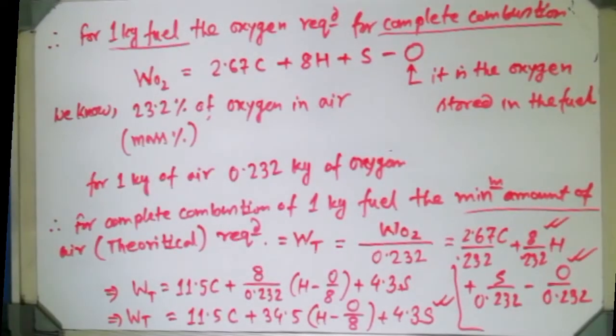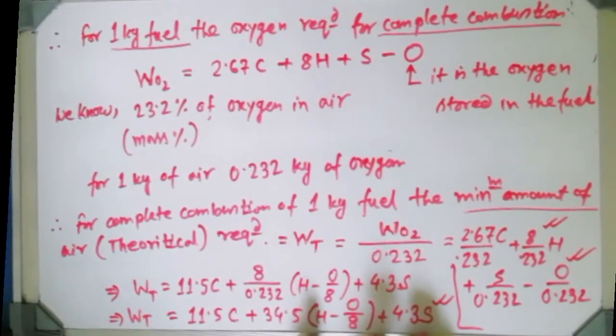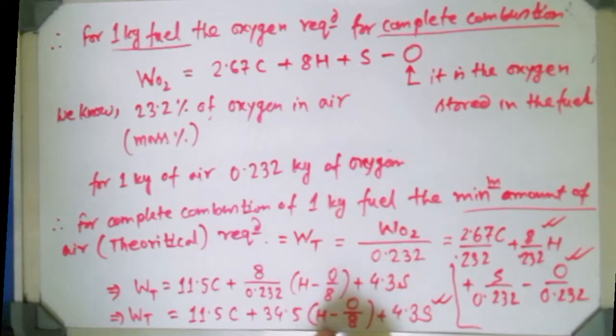The reason is that the hydrogen is available in the fuel, and the oxygen is also available in the fuel. During combustion, the hydrogen stored in the fuel readily burns with the stored oxygen in the fuel. So that's why I take these two parts along with the bracket.